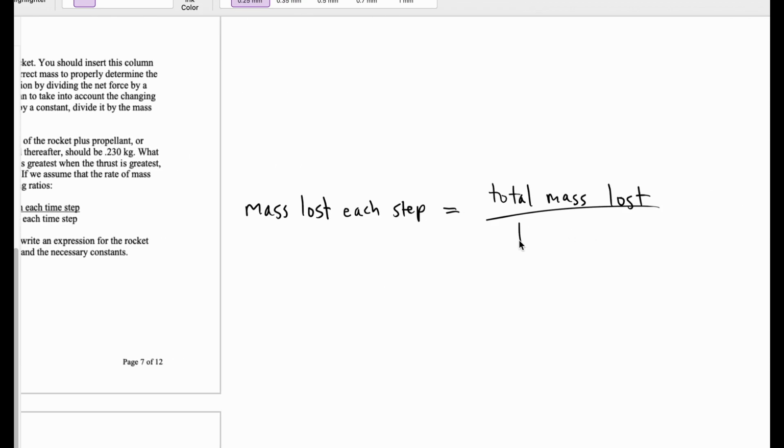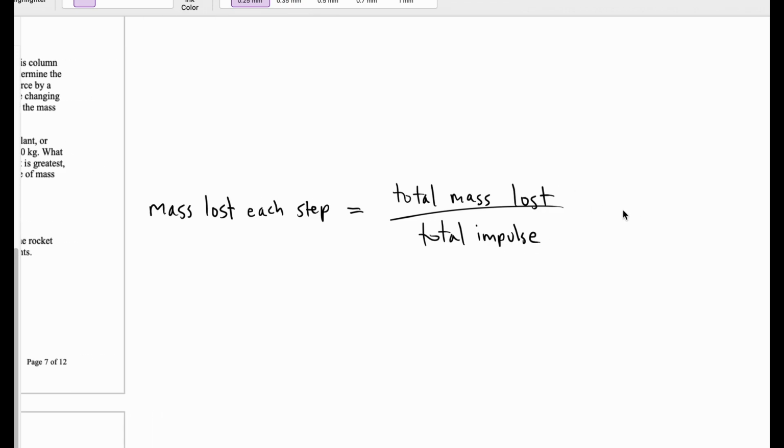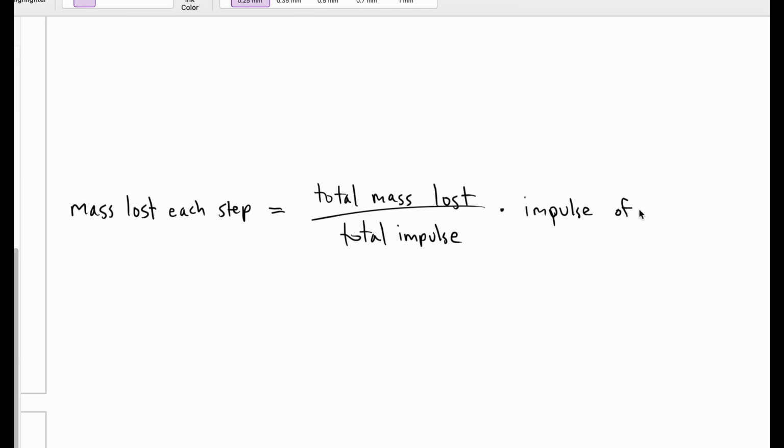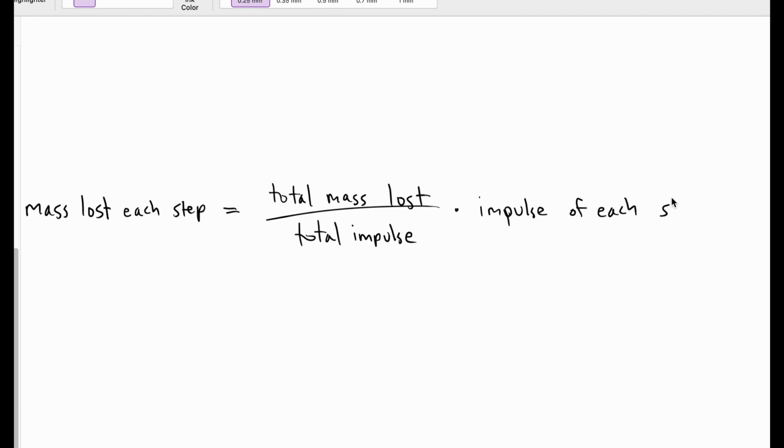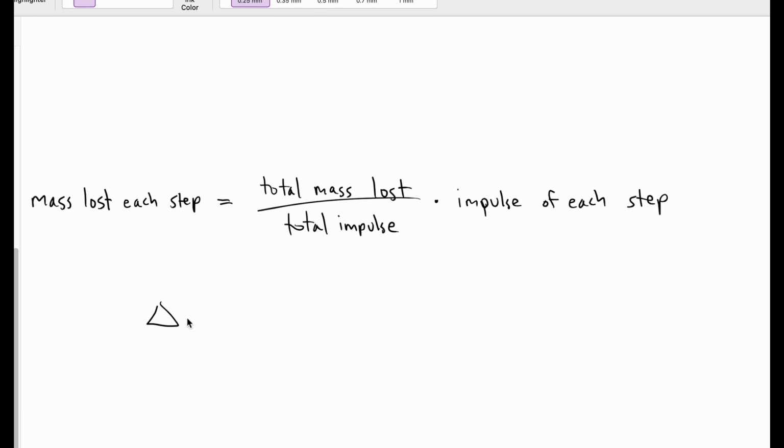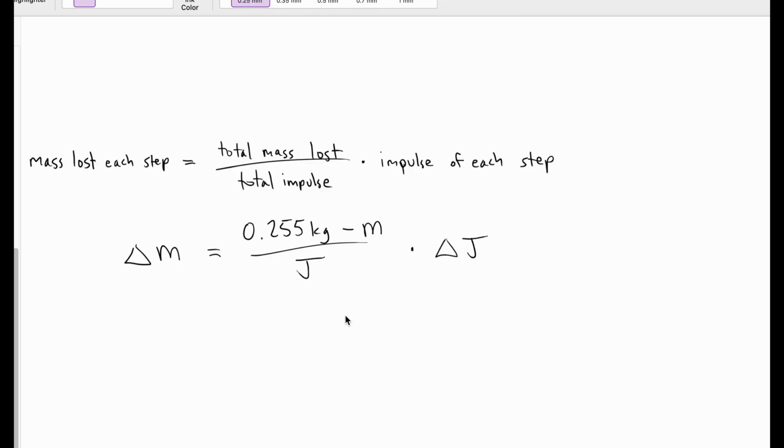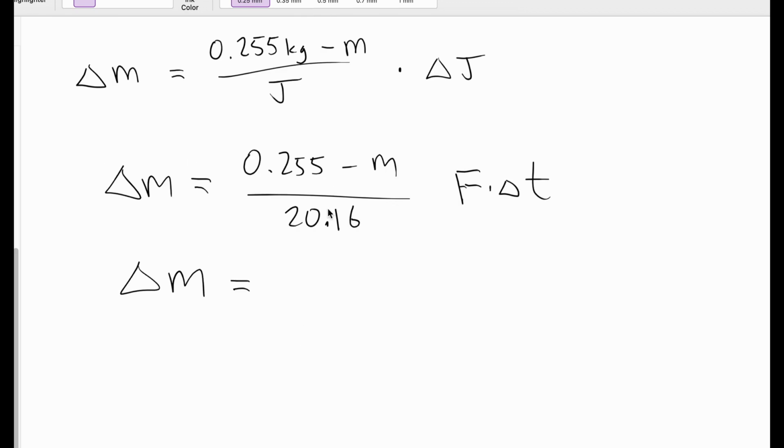If I solve it, I get total mass lost over total impulse times impulse of each step. Delta M equals the difference between the 255 grams minus, so if I were to substitute in, 20.016.